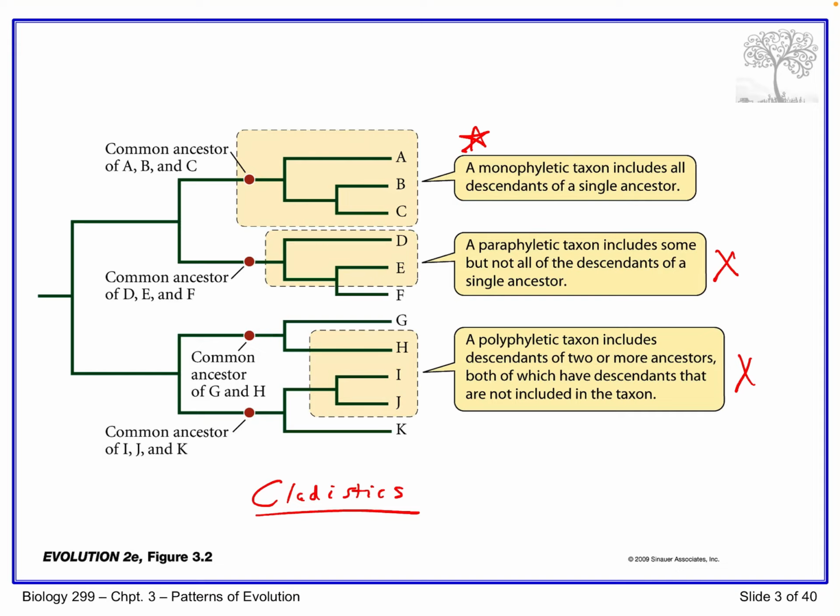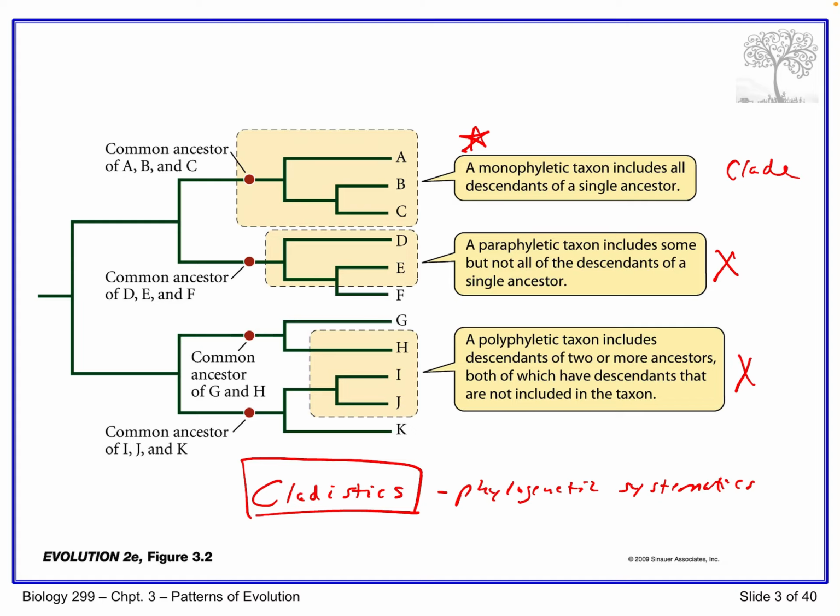So cladistics, also known as phylogenetic systematics, is the modern method for classifying organisms. Cladistics focuses again on monophyletic taxa. So a monophyletic taxon like this one here, this grouping A, B, and C, that is referred to as a clade, because we come to those conclusions about those taxa using cladistics.